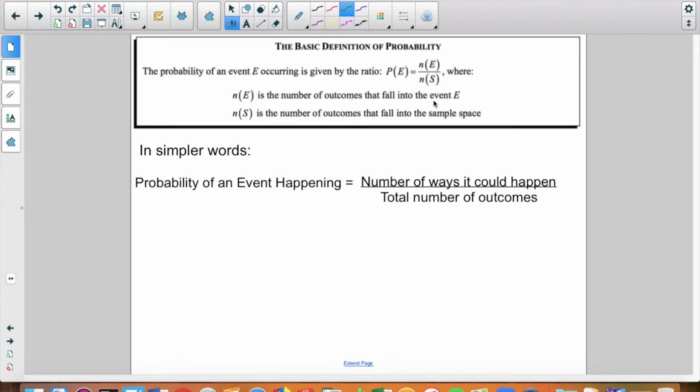This could be a little confusing, so I like this definition, the one in the simplest way possible. The probability of an event happening is the number of ways it can happen over the total number of outcomes. For example, flipping a coin.